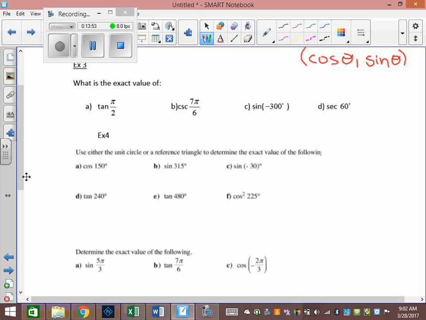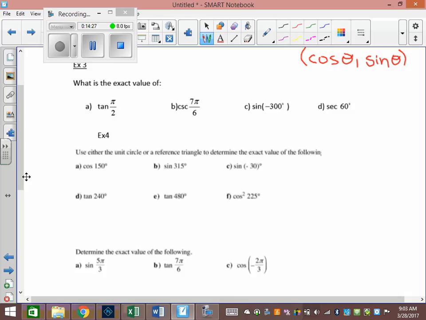Well, on your formula sheet over here, it says that tan is sine over cos. So you take whatever the y is on the unit circle and divide it by the x, so you'd be dividing fractions. When it's cotan, you take the x and divide it by the y, because the x is cos and the y is sine. So any trig ratio for any of the values off of that unit circle, I can ask you secant, cosecant, tan, cotan, sine, cosine, and you can pull it off that unit circle.